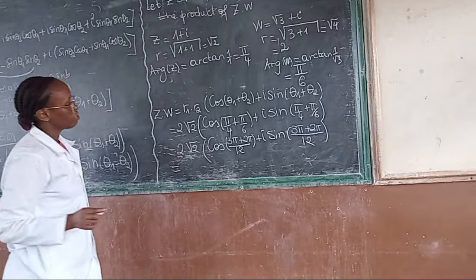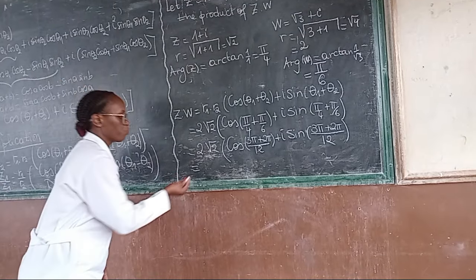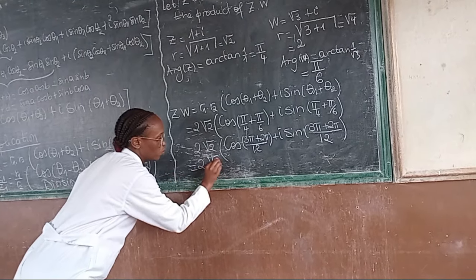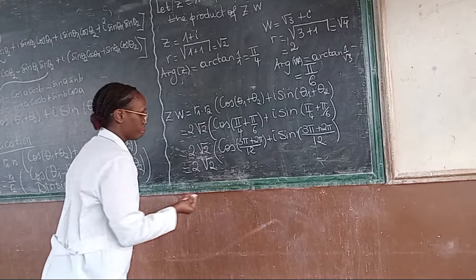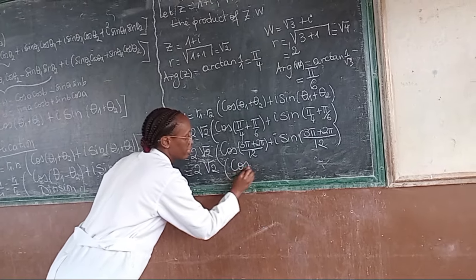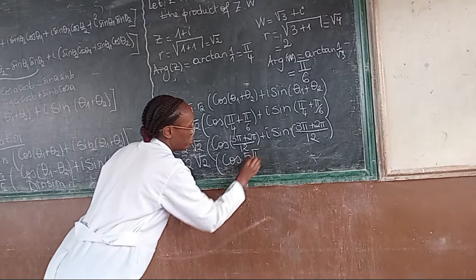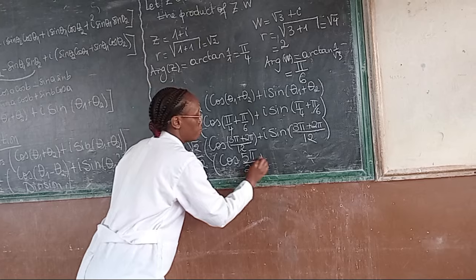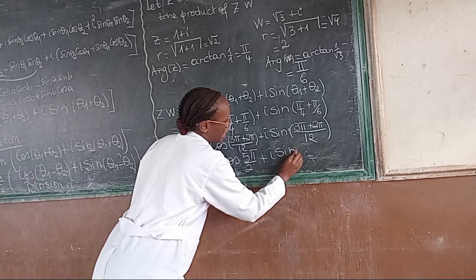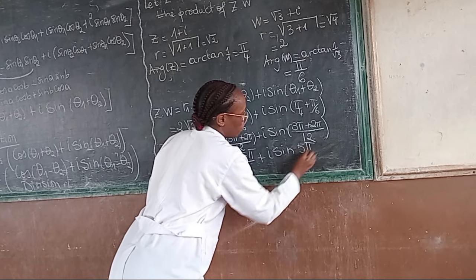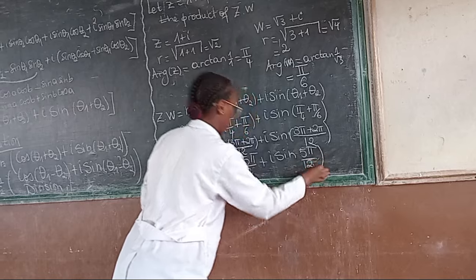Finally, our z times w will be equal to 2 square root of 2 cosine 5 pi over 12 plus I sine 5 pi over 12.